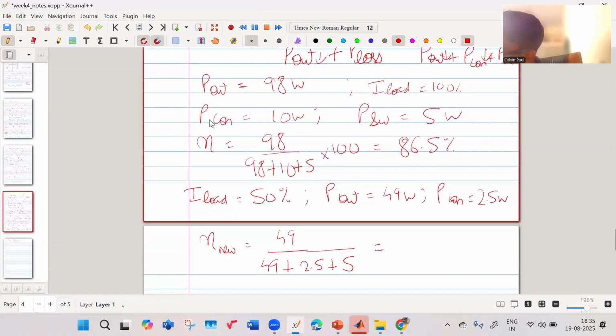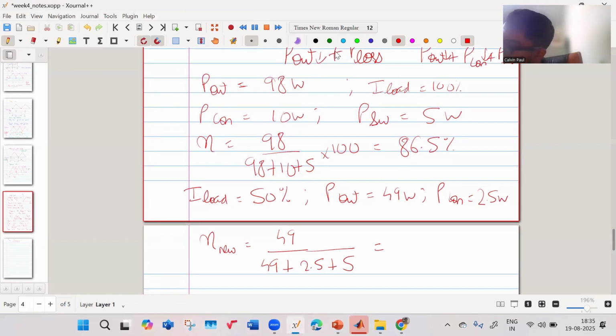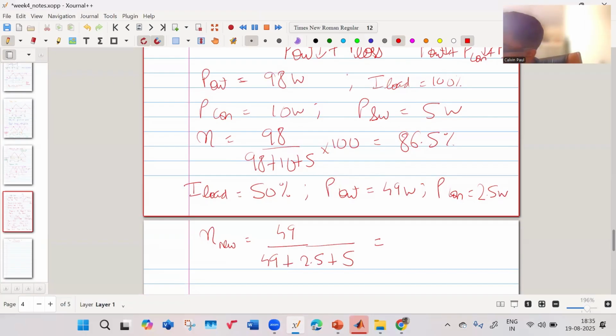Coming same, 86.7. Sir, in the previous case also it was 86.7 something. Oh, this is very odd. For sure, because this is 98 by 113 and this is 49 by 56.5. Yes, sir, it's 86.7 only. Both cases 86.